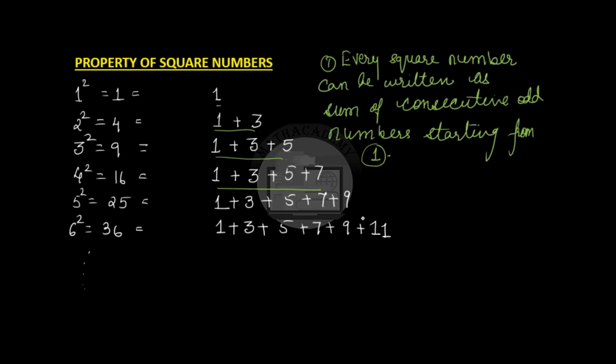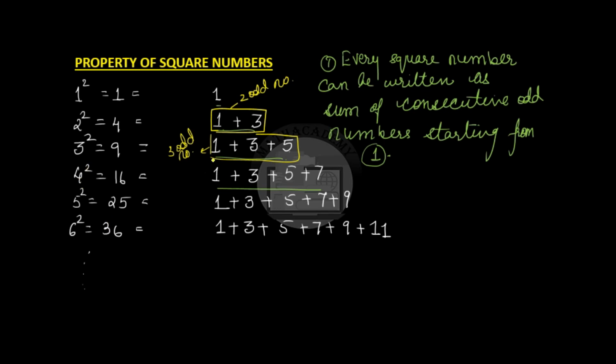What is the second thing which we notice here? The second thing that we notice here is, 2 square. We are squaring the number 2, and how many odd numbers are we adding here? We are adding 2 odd numbers here. 3 square, and how many odd numbers are we adding here? We are adding 3 odd numbers here. 4 square.